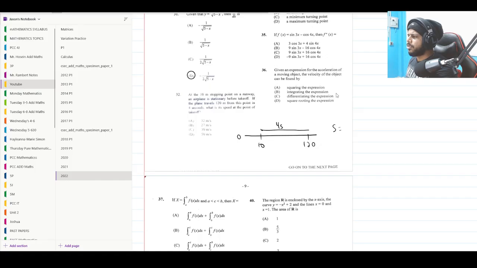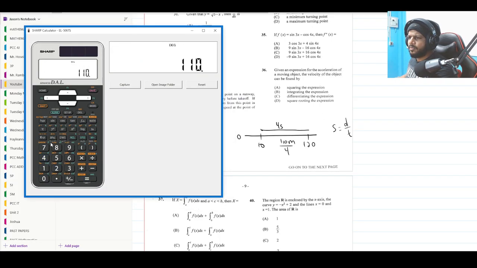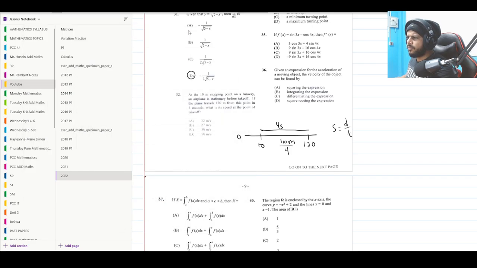Speed is equal to distance over time. The distance traveled would have been 110 meters and the time would have been 4 seconds. So 110 on 4, 27.5. Oh, it could be 130, my bad.